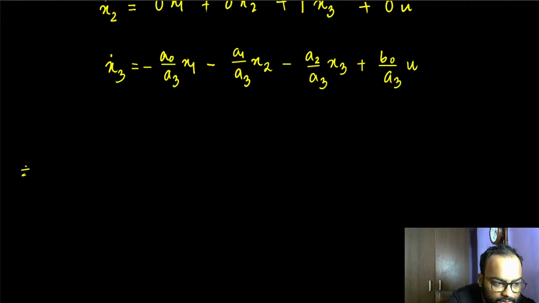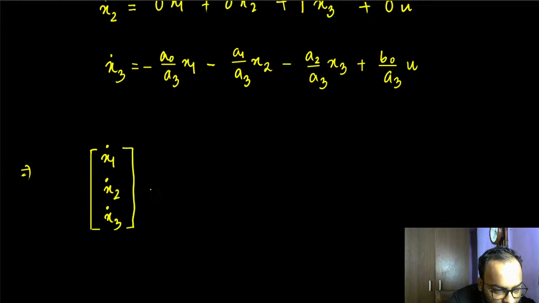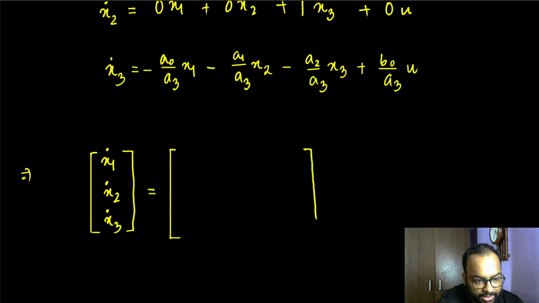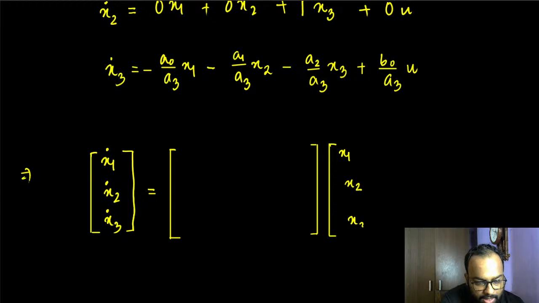Now let's construct a matrix out of this. So I have x1 dot here, x2 dot here, x3 dot here, and on the right hand side I would have a 3 by 3 matrix, multiplied with x1, x2, x3.